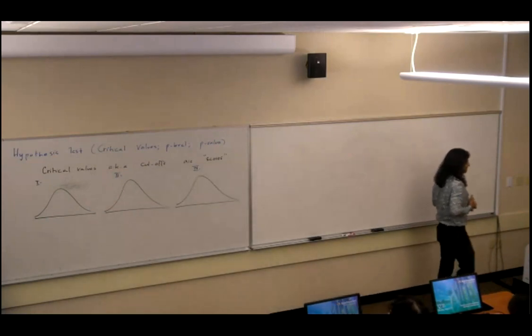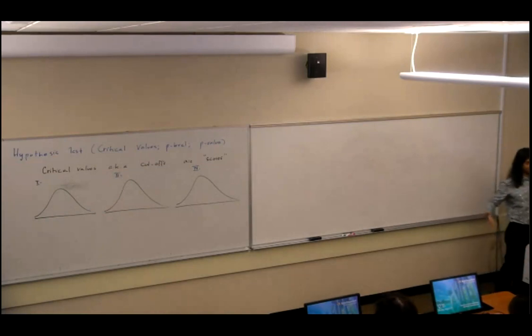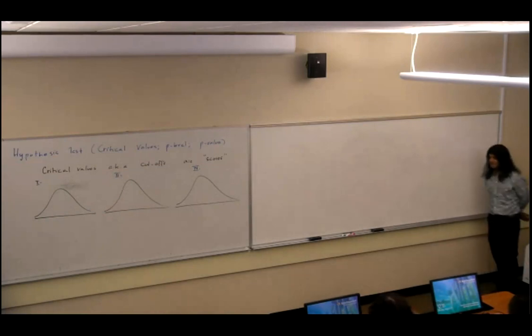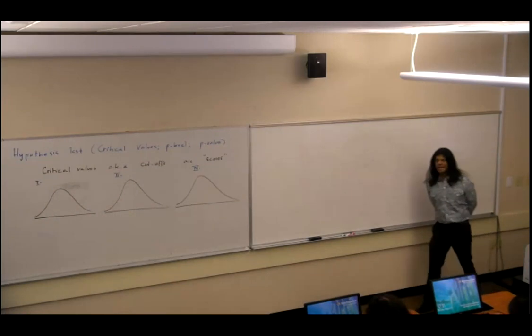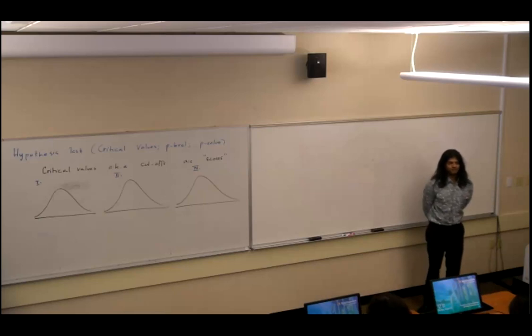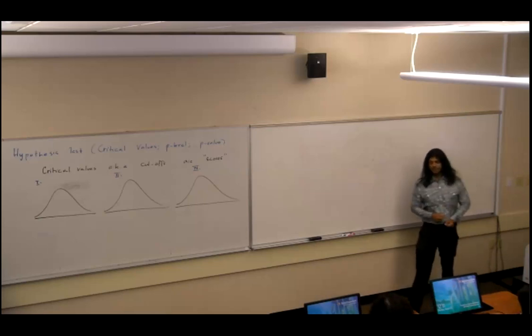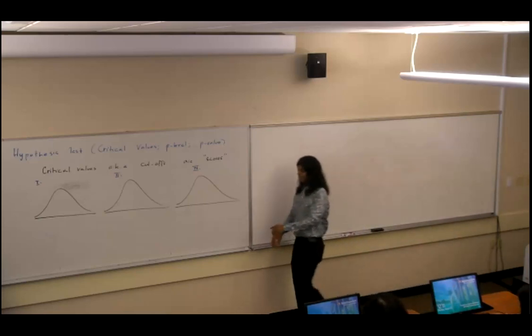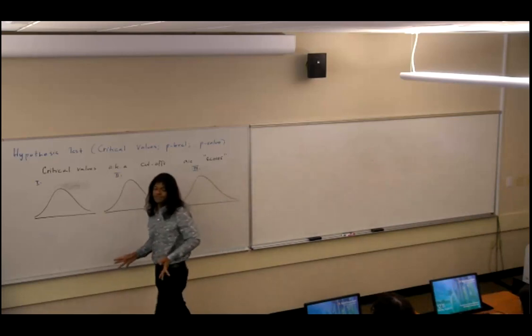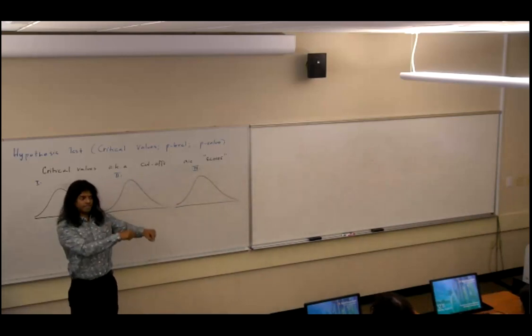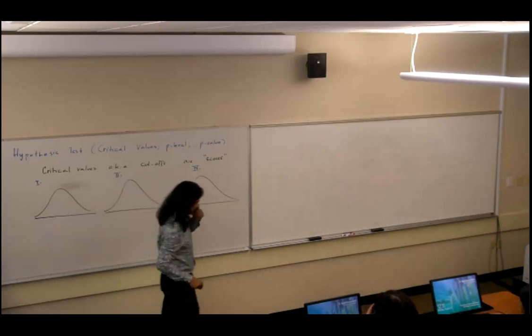Then I wrote the first step, the definition of the test, and mentioned that you cannot have an equal sign in the alternative. Do we remember? We test for whether we have a greater than, increase in something, decrease in something, or not equal to something. So you never put an equal sign in the alternative.